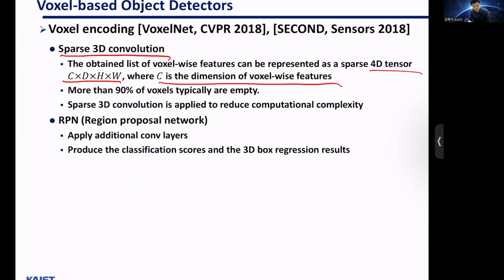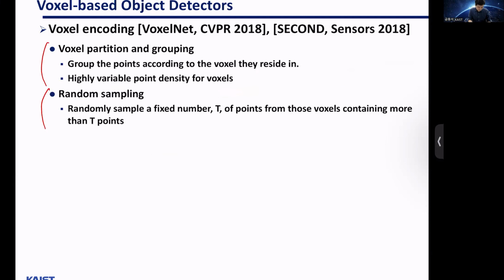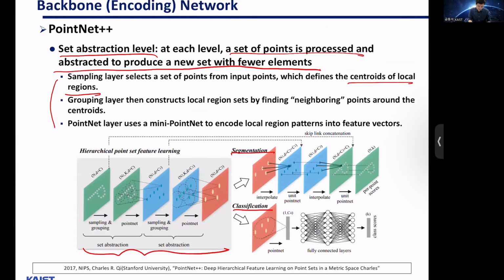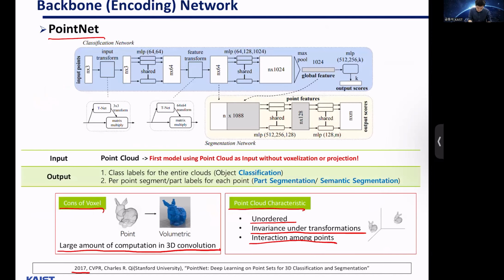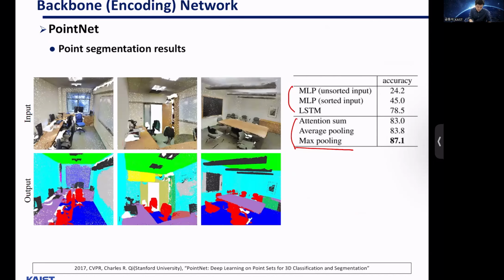But if you look into this tensor, 90% of the voxels are empty, because we're dealing with 3D space. Let me take a look at this type of example. You have these point clouds, but the other space has no points.